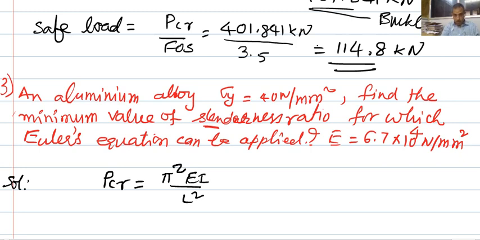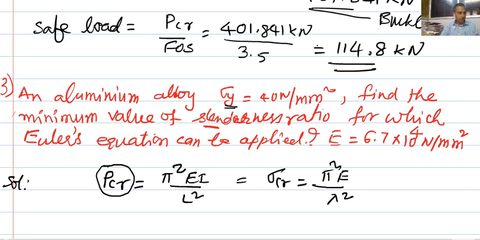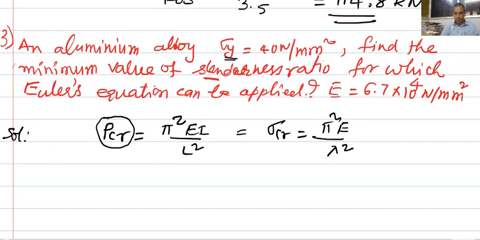Because it is giving the yield stress here, I should also get it in terms of stress, that is nothing but sigma CR is equal to pi square E by lambda square. Okay. So lambda is nothing but my slenderness ratio.